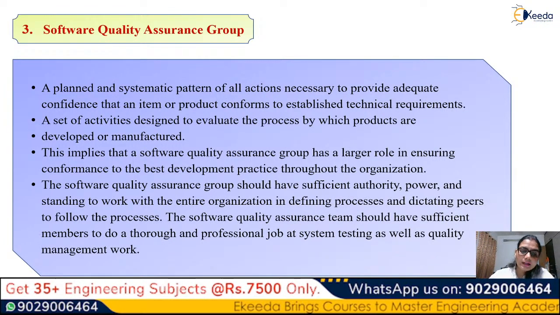Then there is a set of activities across the phases of the life cycle to evaluate the process, and these quality assurance activities are carried out during the phases themselves. In every field, from your designing to implementing to testing and maintenance, in the end the quality assurance group takes place.